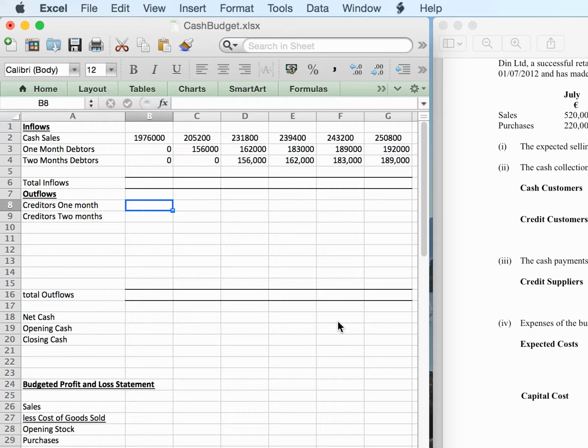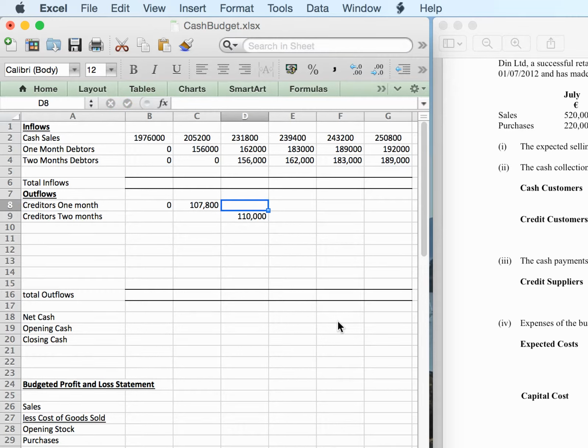So purchases. I'm buying 220 and I'm not paying anything for it in the first month because I start paying in the second month. So it equals 220 multiplied by 49%. And 220 divided by 2 is 110.